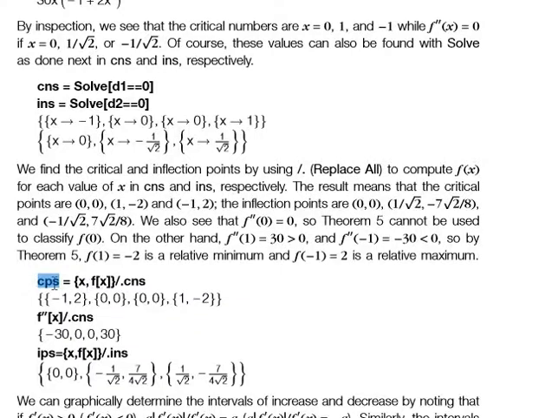The bracket with x as the independent variable, f of x, slash, CPS, means we use the critical points and get the result. These are the intervals, and in the second derivative we choose it in this form and get this result.